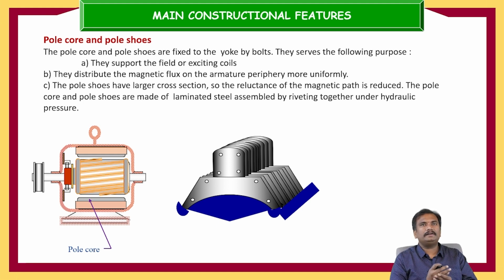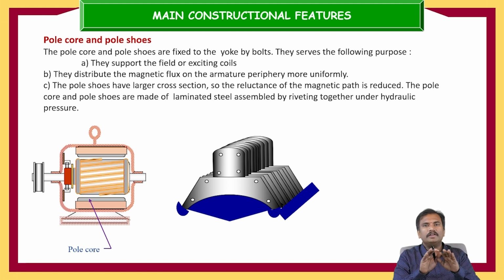So for that we need the pole core, and these pole cores have the pole shoes, where the pole shoes are going to provide uniform flux distribution inside the machine. We are having a rotary type.